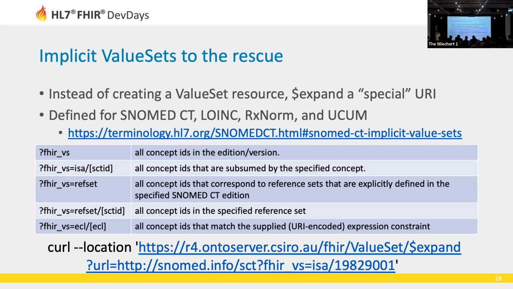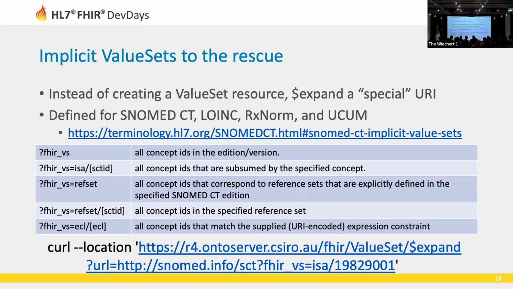The second one is effectively all subtypes of a particular concept. So descendants. The next one, I'll go to the one after that. SNOMED has a similar concept to value sets, in that there's reference sets. Reference sets are collections of SNOMED CT concepts that have a particular purpose, and they're distributed within the SNOMED distribution.